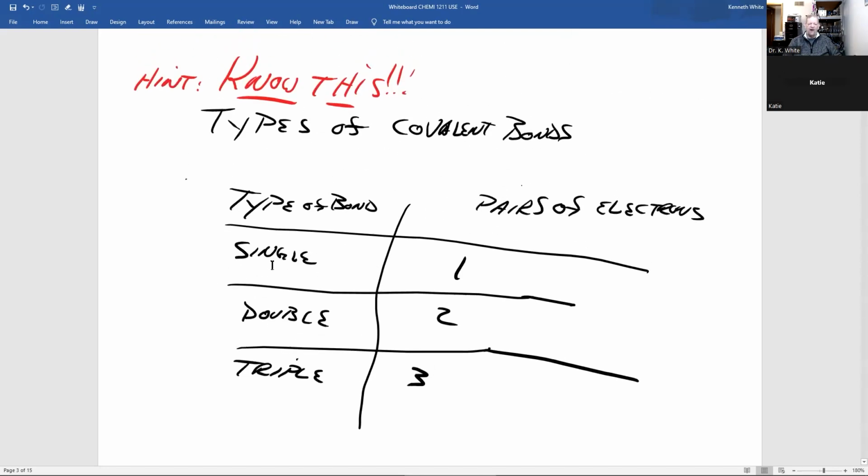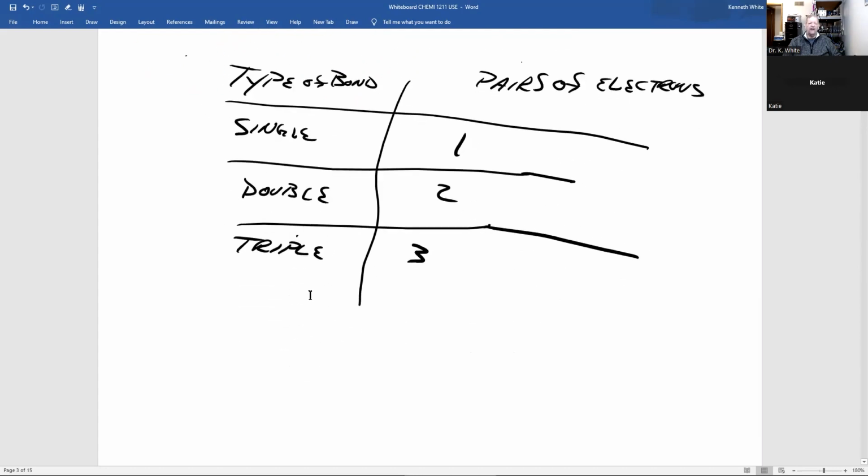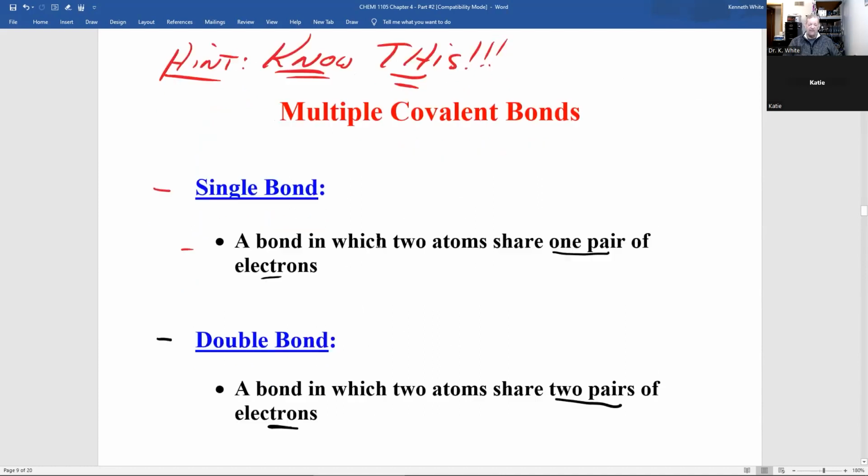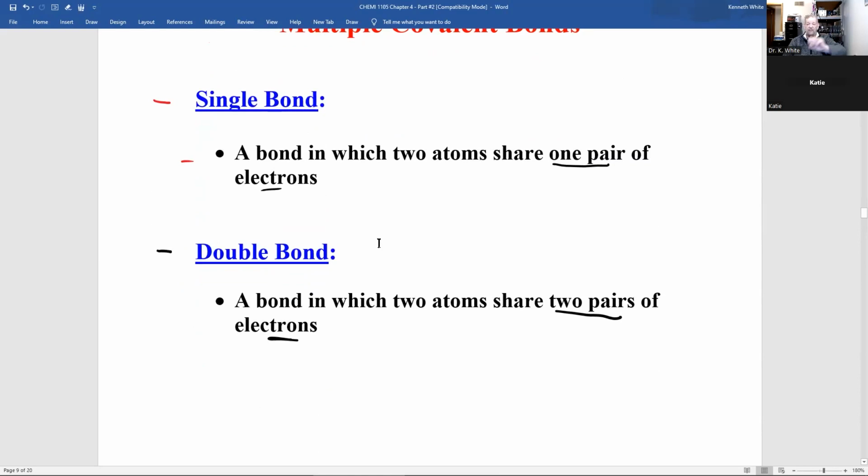Now, you should know, single bond, one pair of electrons. Double bond, two pair. Triple bond, three pair. So there are the three types like I have here. Single bond, one pair of electrons being shared between two atoms. Double bond, two pair.